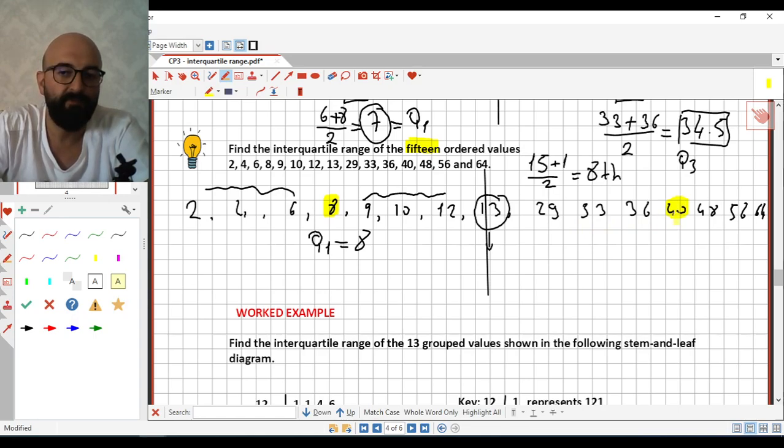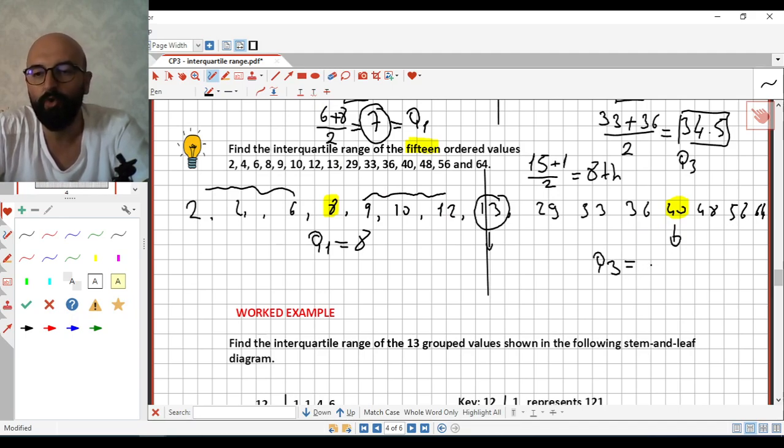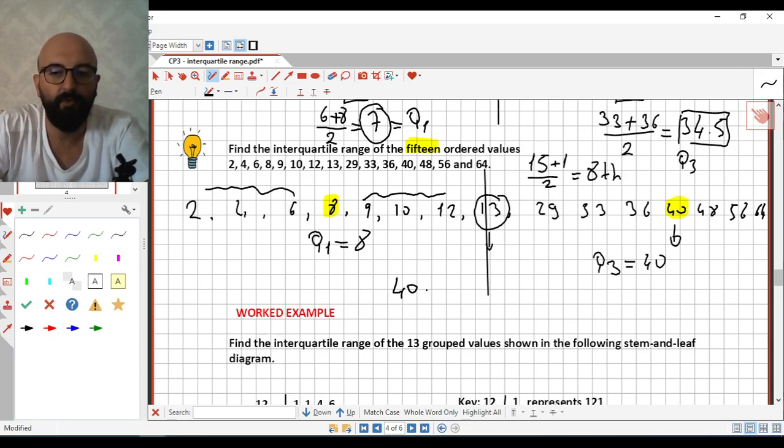It is the upper quartile, also named Q3, so it becomes 40. And if you want the interquartile range, it means 40 minus 8, it becomes 32.